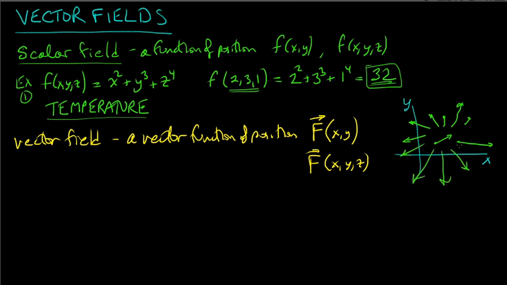Our functions will generally be continuous. So these will be continuous vector fields for the most part, where the arrows flow continuously. You're not suddenly going to change from this vector to a very different vector right next door. So that's the idea. Every point in space has a different vector.